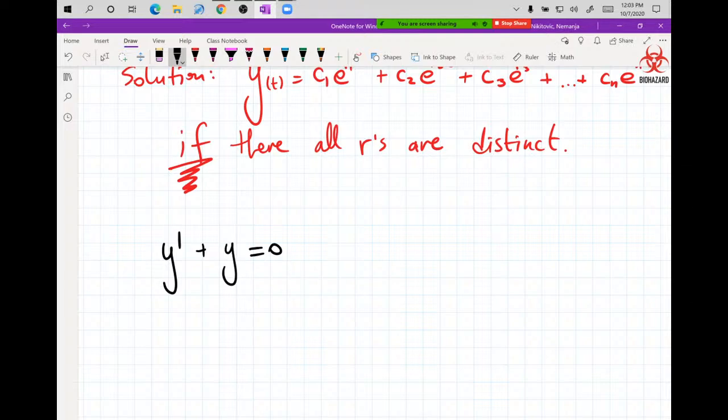So this would be the first order linear equation, and we can solve this using our method of separation of variables, for instance.